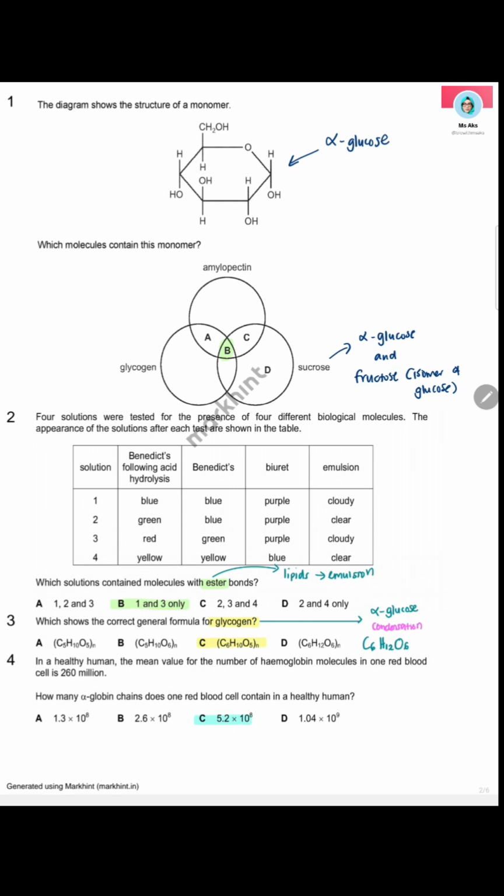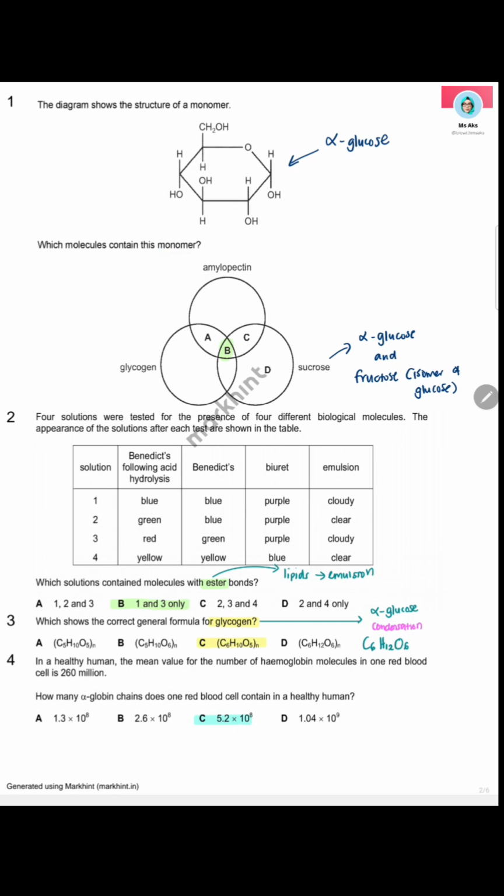The only tip I could give you is that for alpha glucose, we should remember that the hydrogen is above the plane in carbon 1, and probably what you can also take note of is that in carbon 3, the OH and H are not in the same positions compared to the rest of the carbons.